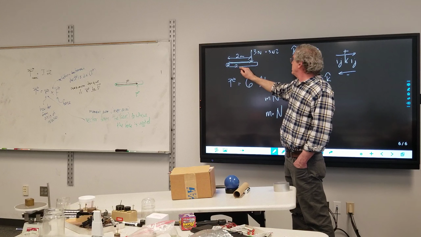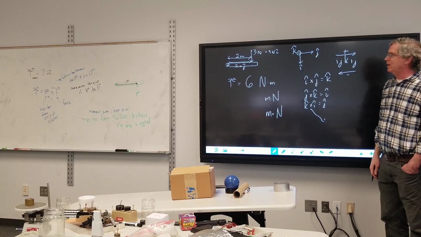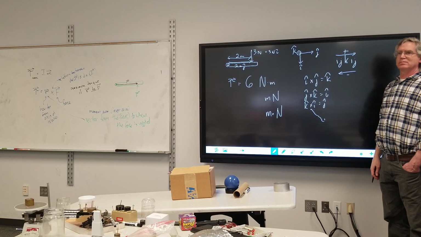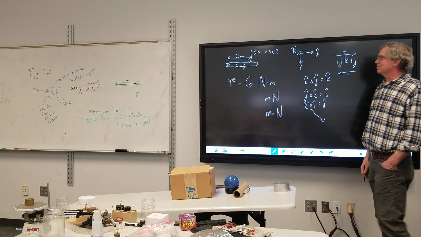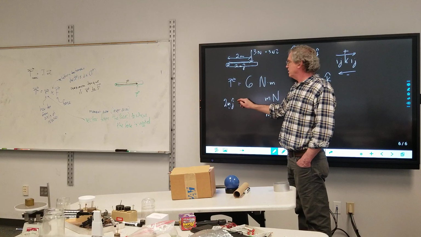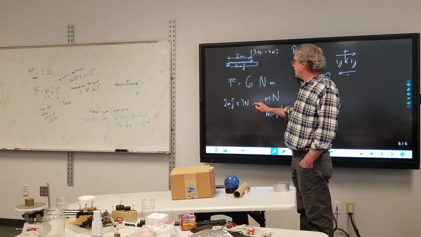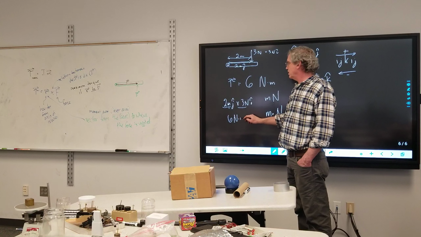This is 2 meters j hat. So I have 2 meters j hat crossed with 3 newtons i hat. Multiply those, I get 6 newton meters.